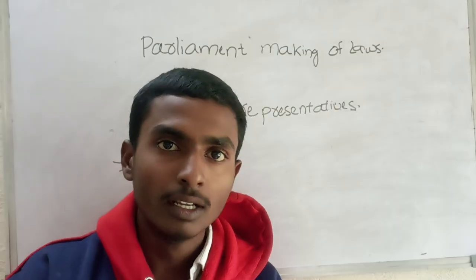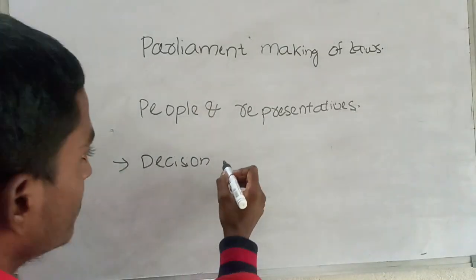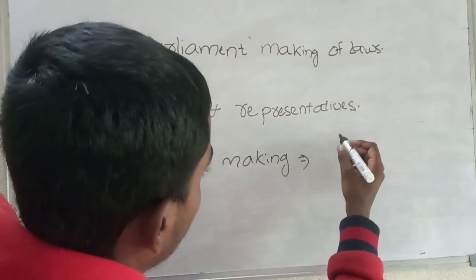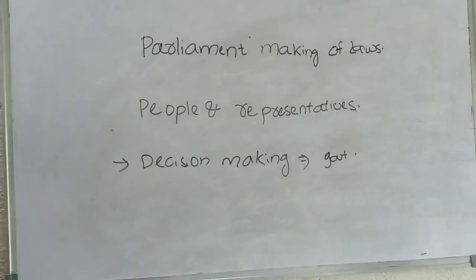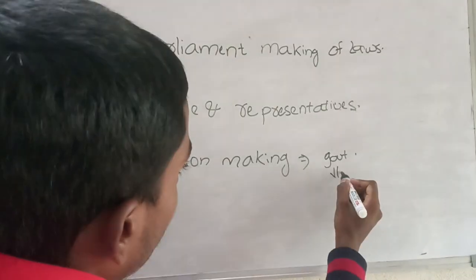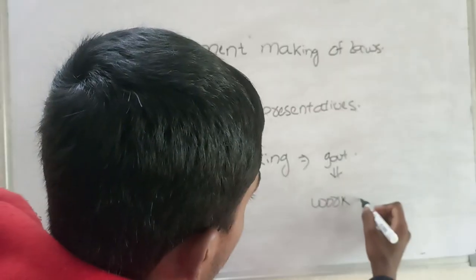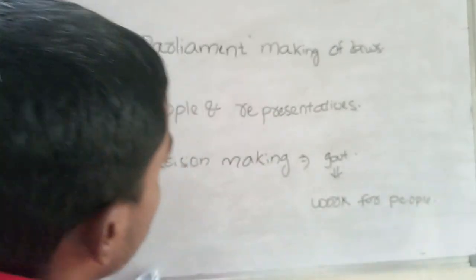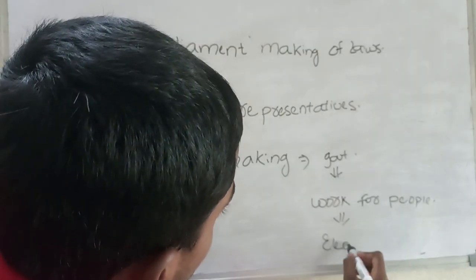Through the election process and their decisions, the government will form according to the people's wishes, and they will work for the people. It happens through the process of election.